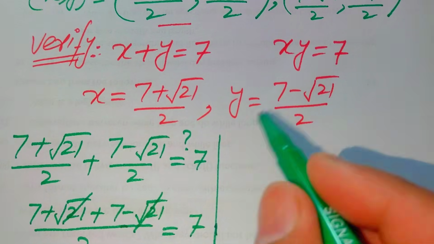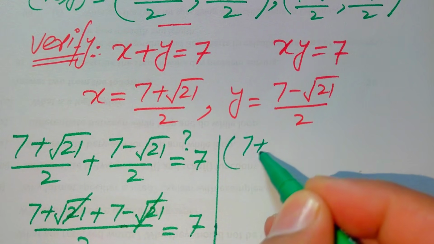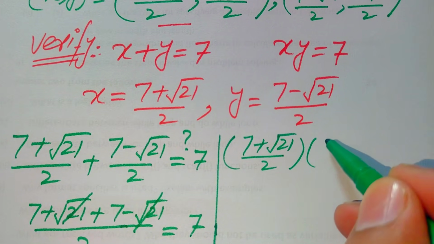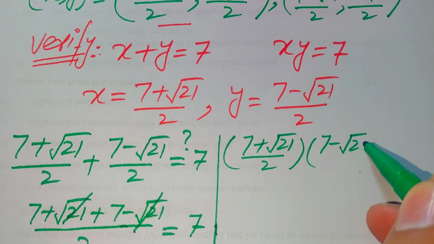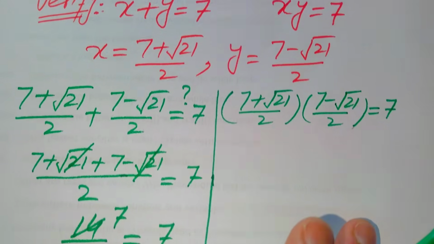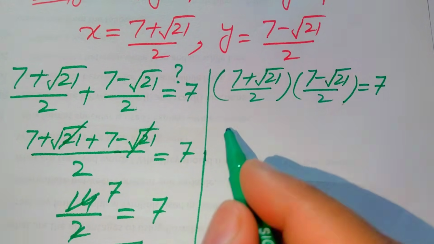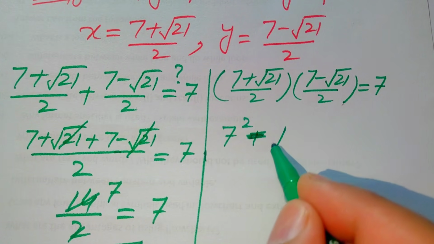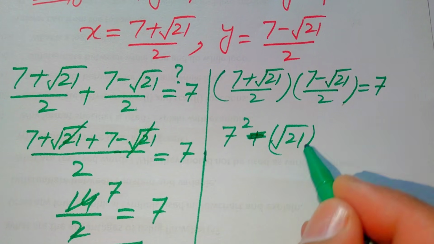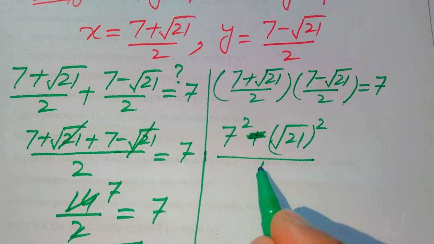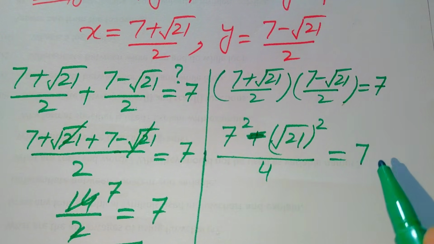In the same pattern, we verify the second equation, and we have 7 plus square root of 21 divided by 2 times 7 minus square root of 21 divided by 2 equals 7. We rewrite this as 7 squared minus square root of 21 whole squared, using the algebraic formula, divided by 2 times 2 becomes 4, equals 7.